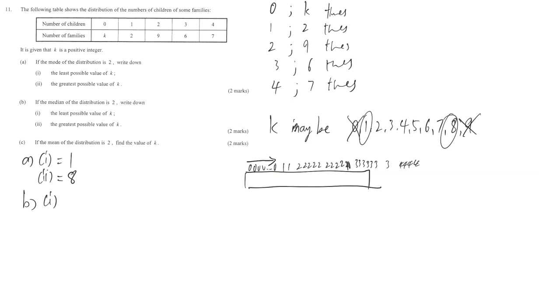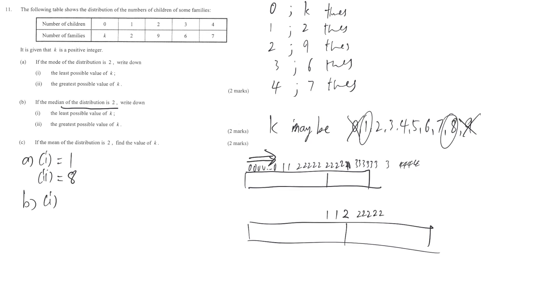And how about if I need to keep the median to be 2? So maybe the median was originally here. If more k, then we push the data. So 2 needs to be the median, and then we have some 2 here. And this one must not be 2, but must be 1 here.